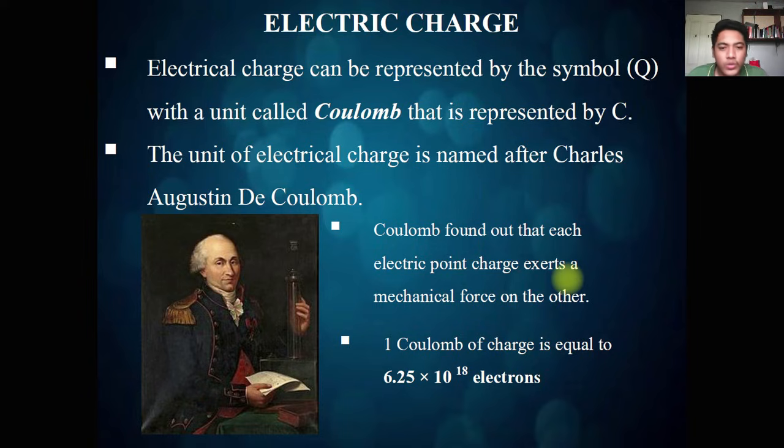If we write it in our formula later on, we will see there is a relationship between the distance between these two charges and the electric force experienced by them. 1 coulomb of charge is equal to 6.25 times 10 raised to 18 electrons. That's a numerous amount of electrons. This is trivia.